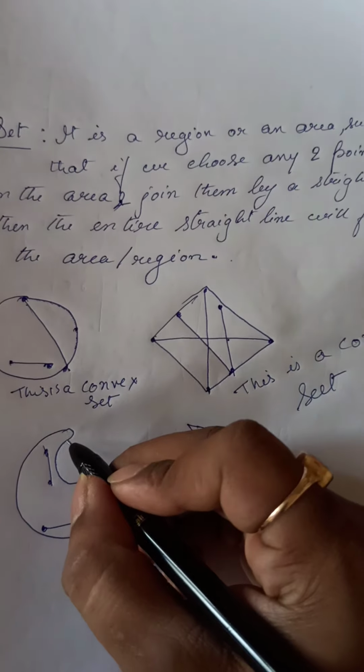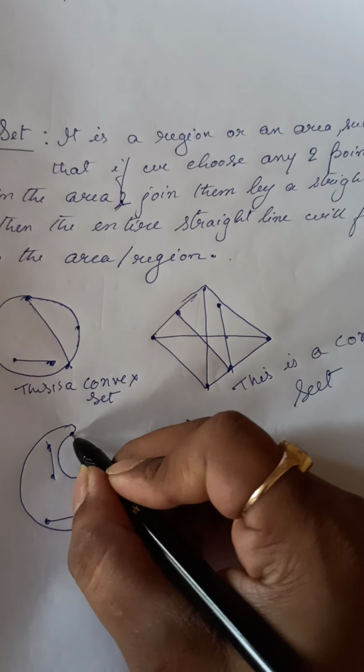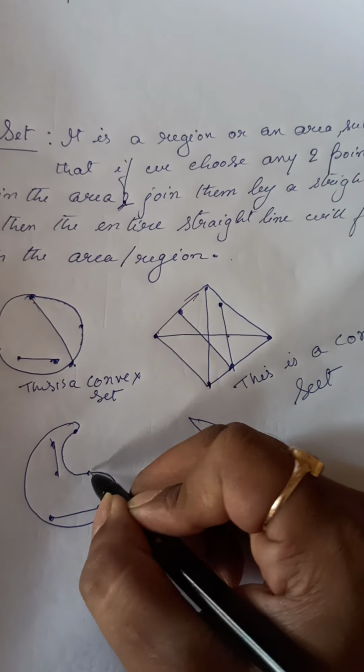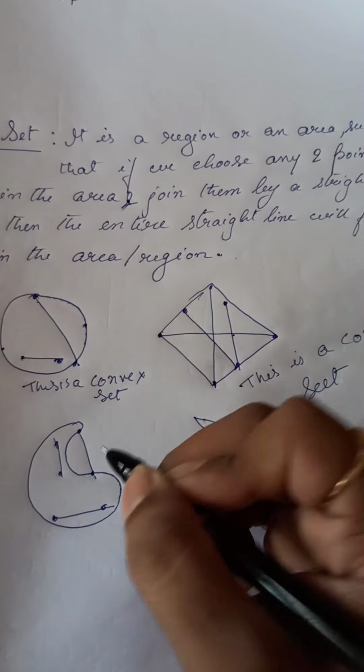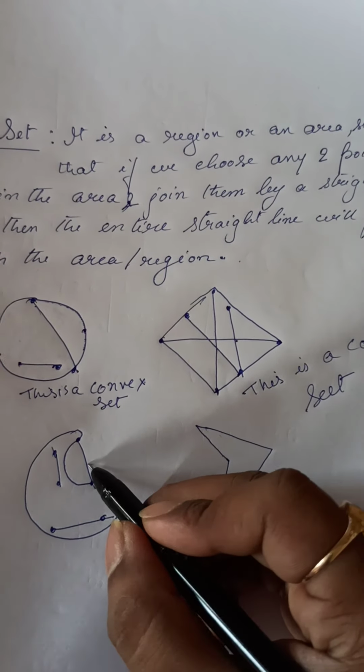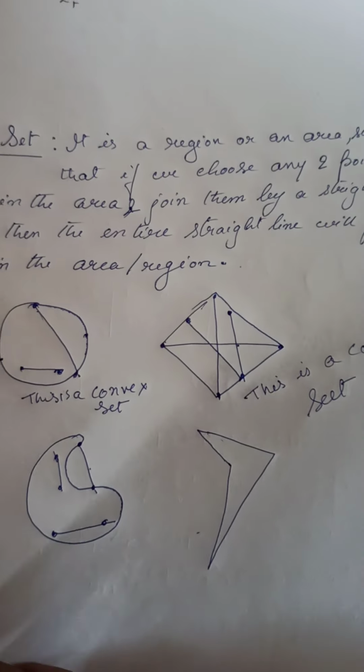However, if you choose this point and this point and join them by a line, now this line lies outside the demarcated area.